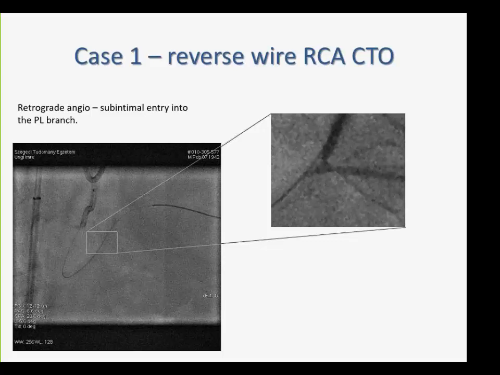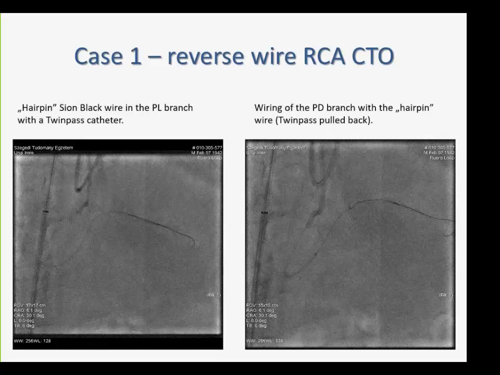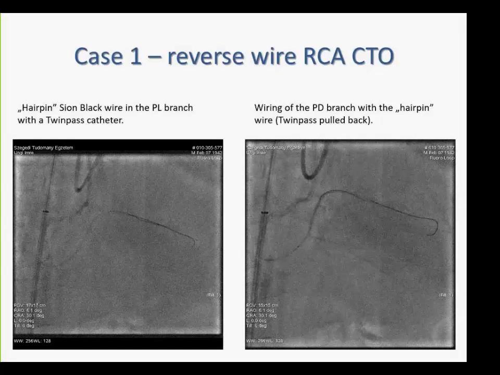Sometimes, if it's not possible to preserve both of the branches, I give up the better collateralized branch. It's sometimes typical that from the circumflex to the PL there is a side branch size epicardial collateral. You certainly met this situation several times. So sometimes I think we can give up preserving both of the branches. Perfect. And I think that's what most people do. I agree, I think that's what most people do as well.